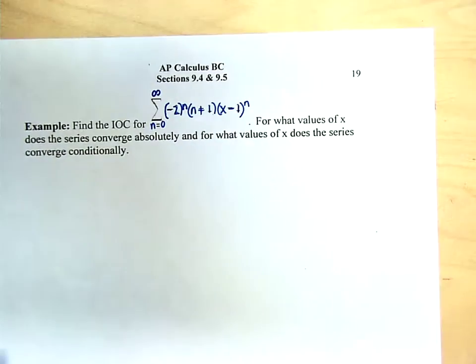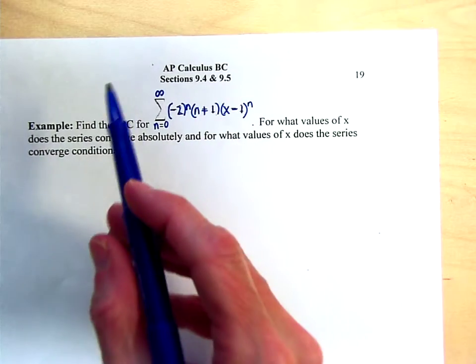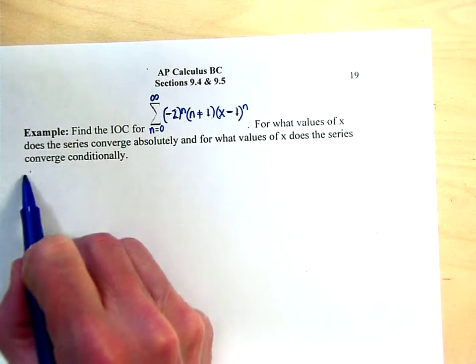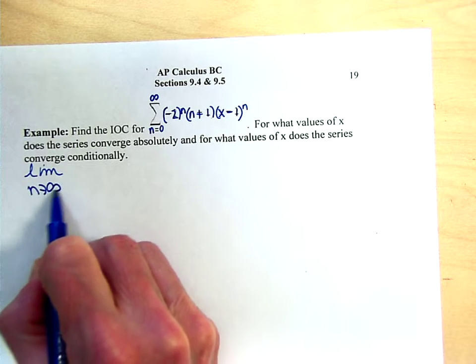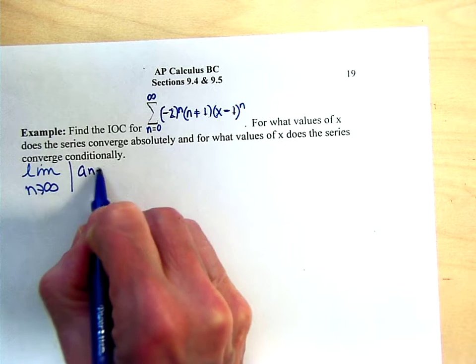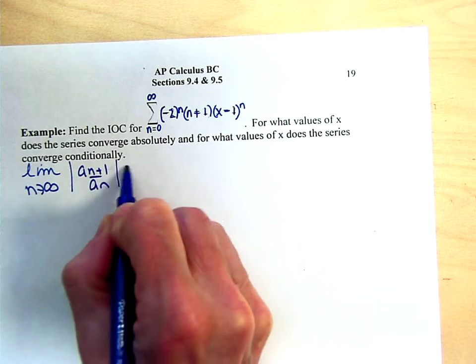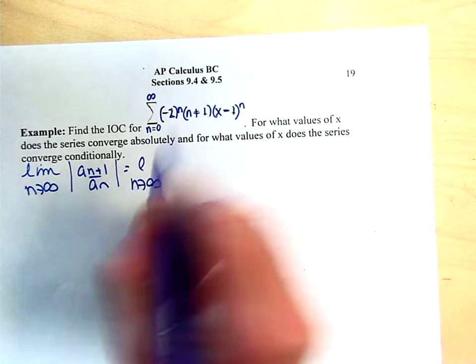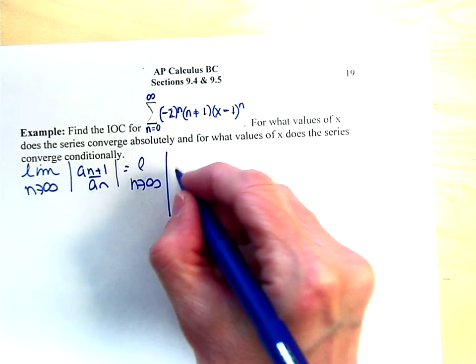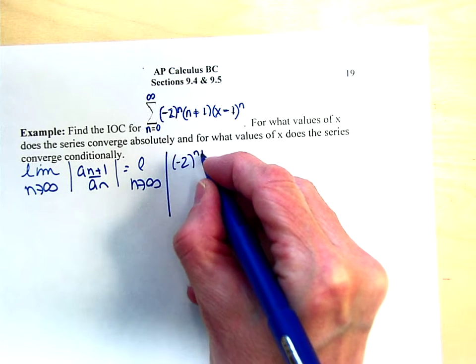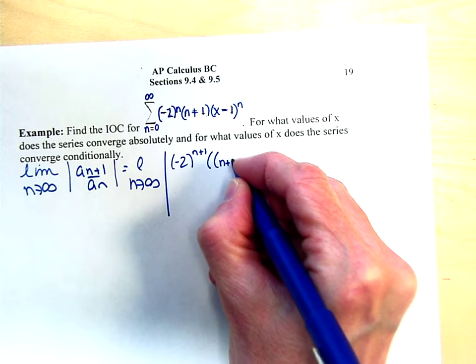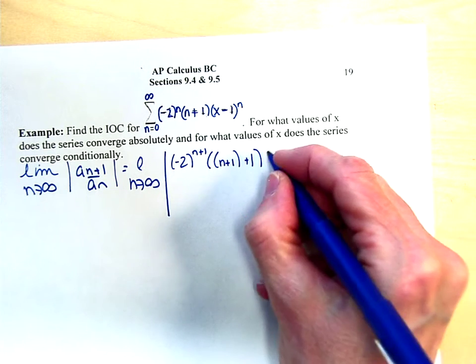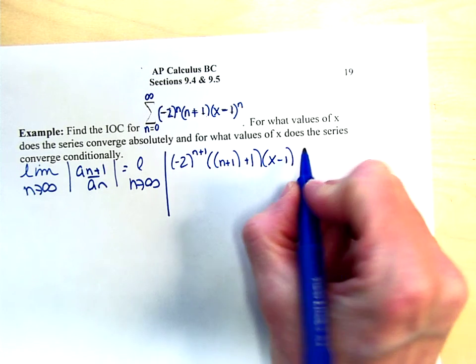This time we have an alternating series, so this is slightly different than the other ones, but we're going to use the ratio test again. a sub n plus 1 over a sub n, and we're going to take the limit. So this becomes -2 to the n plus 1, and then we have n plus 1 plus 1, x minus 1 to the n plus 1.